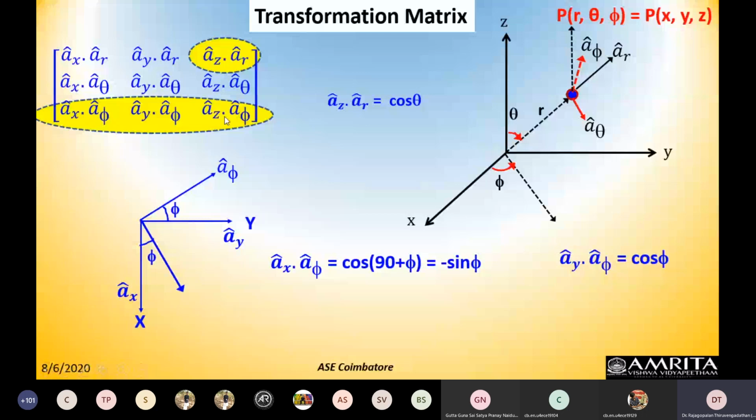I want you to pay attention to this carefully. The A theta direction is basically getting beneath the xy plane. This one is 90 degrees, and this angle is going to be theta, and A phi and A theta make an angle of 90 degrees, because these are unit vectors in the spherical polar coordinate system.